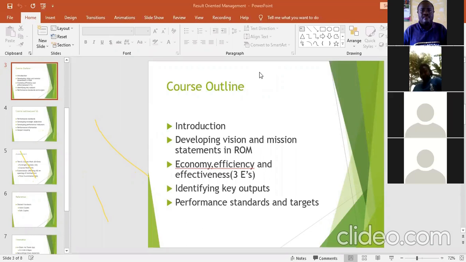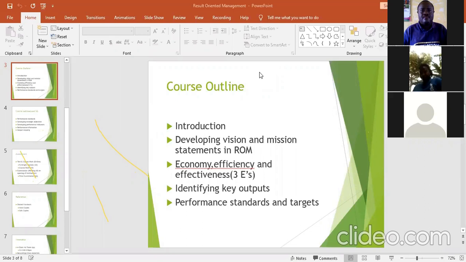And also reduced supervision. ROM does not want employees to be over-supervised. Supervision is okay, but not over-supervision. It wants employees to be given some kind of freedom so they can work with less supervision if they are to be able to account for the results they have achieved.